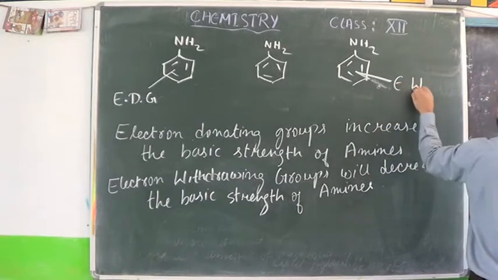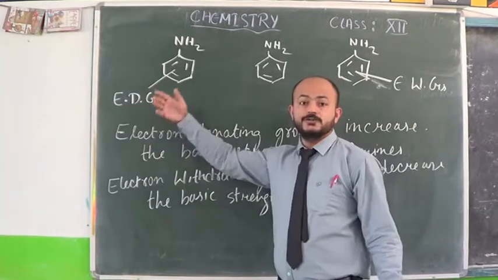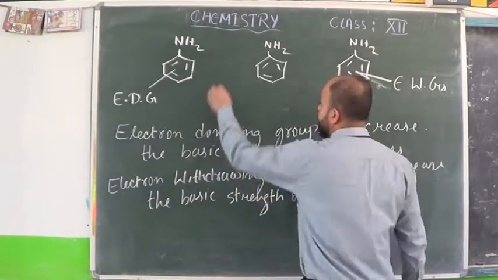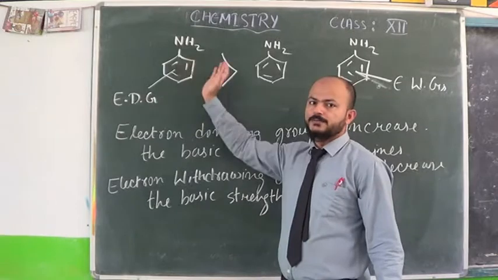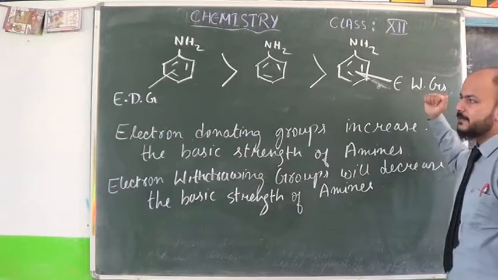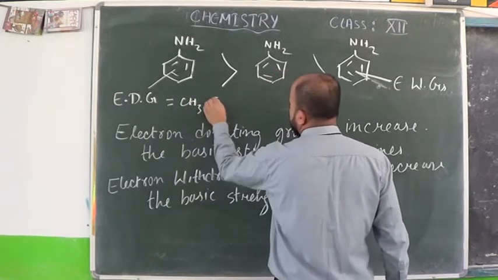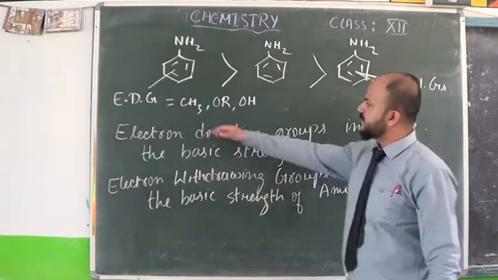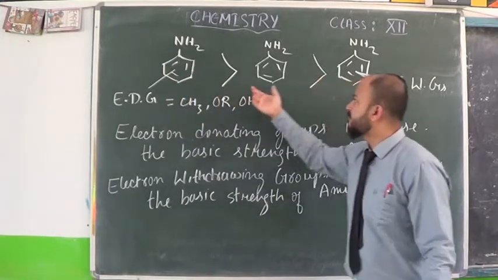As I told you just now, electron donating groups will always increase the basic strength of aromatic amines. So the basic strength of aniline with an electron donating group in the benzene ring will be more than that of aniline. Electron donating groups are like CH3, OR, and OH. If these groups are present in the benzene ring, then their basic strength will be more than that of aniline.